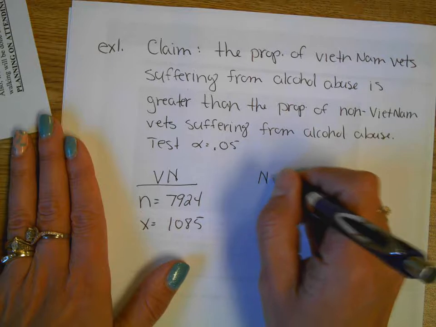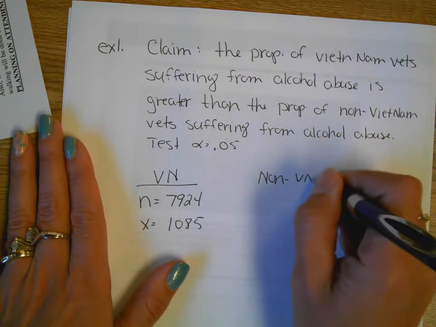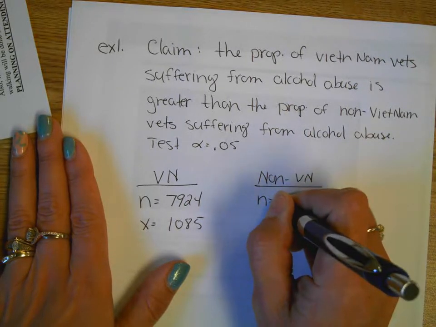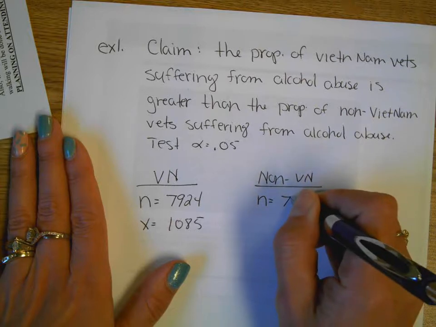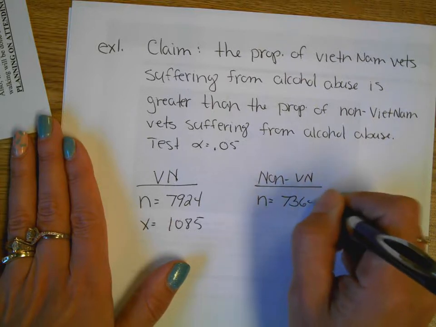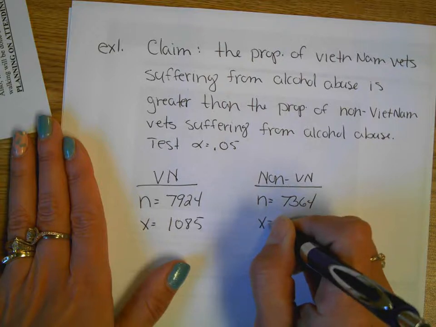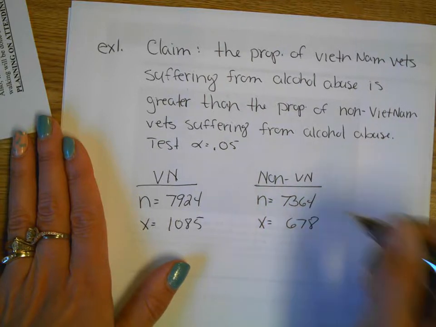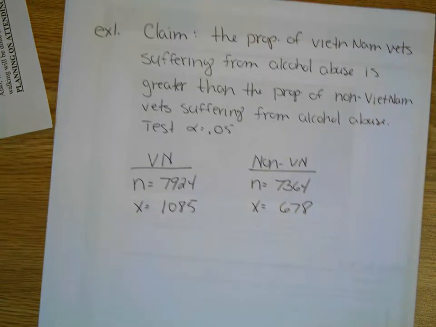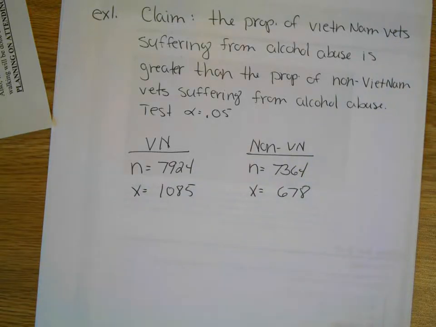The non-Vietnam vets, sample size was 7,364 and 678 suffering from alcohol abuse. So is that difference significant, is what you're looking for. You can definitely see they're different. Is it significant?